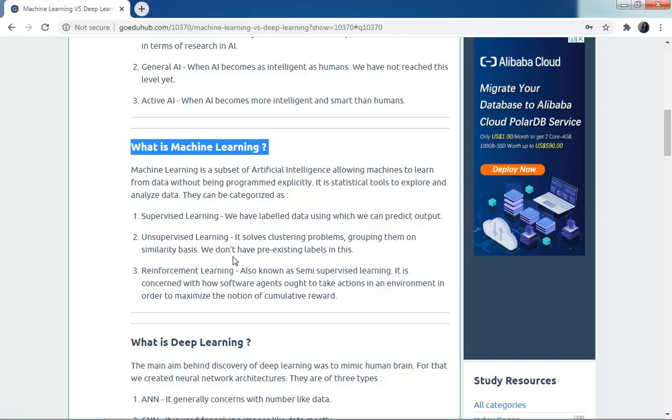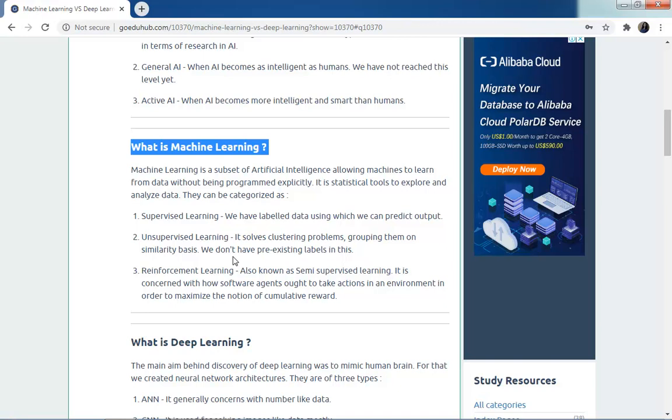Basically, our main motto behind deep learning was to mimic the human brain system, how our neurons are communicating with each other and then conveying the information from one part to another part.